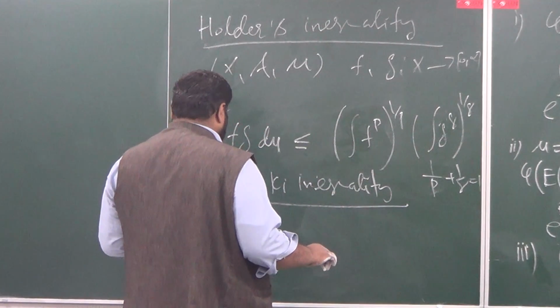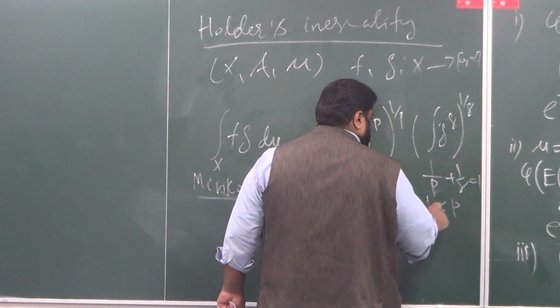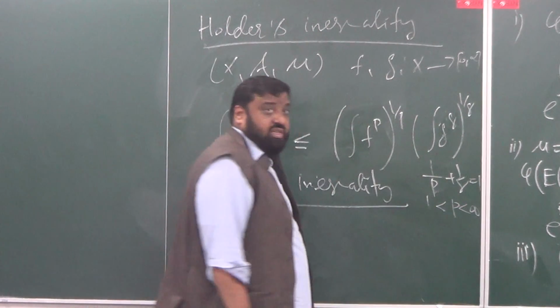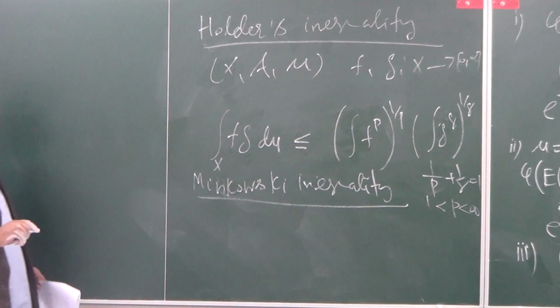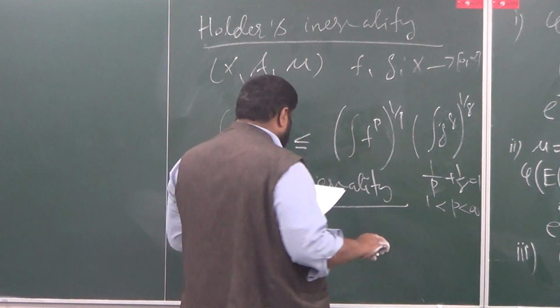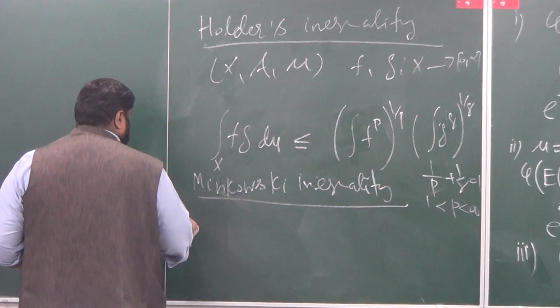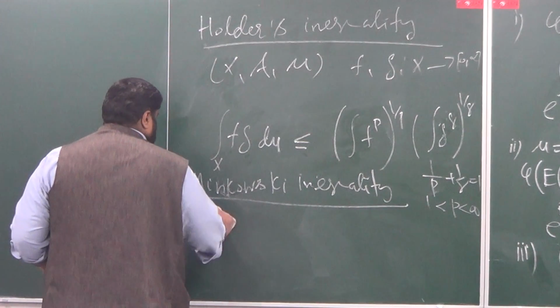Also p should be between 1 and infinity, so it must be in the convex domain. How can I show all this?